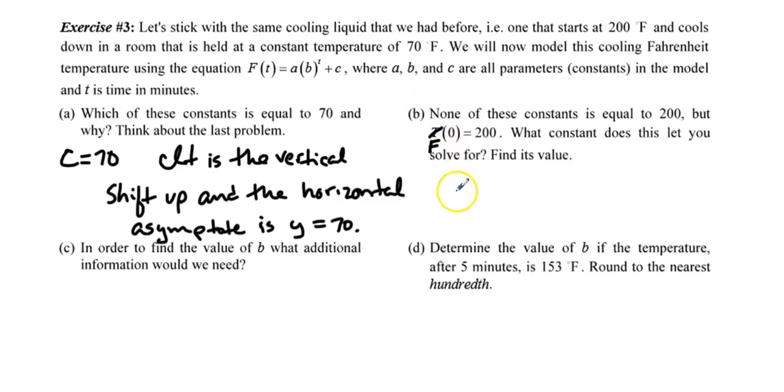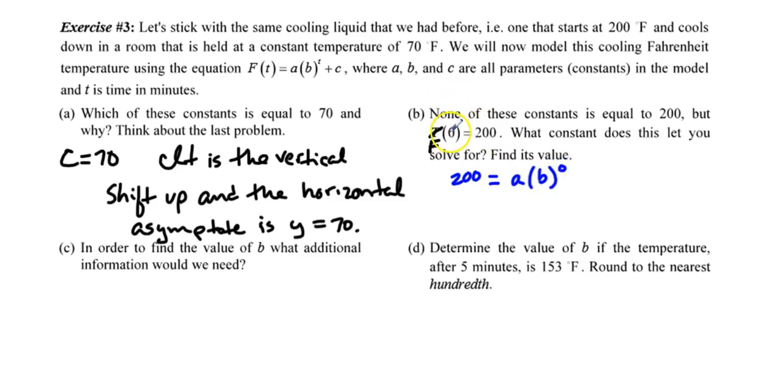Okay, so hopefully you took time to do that. f of 0 is 200, so we're going to say 200, that's what f of 0 is, equals A, which we don't really know what it is, times B, which we don't know what that is either, to the 0 power.